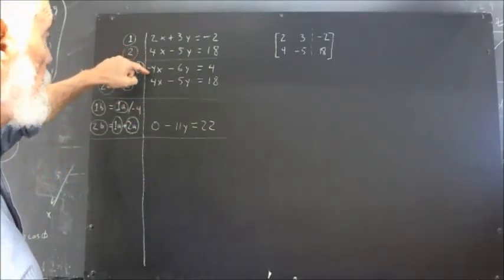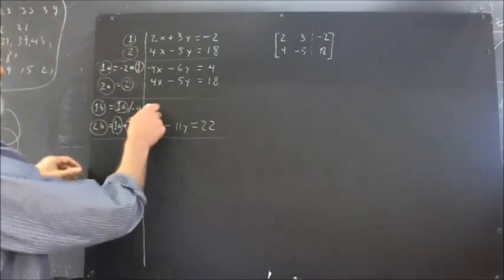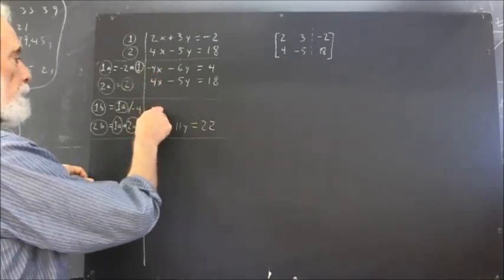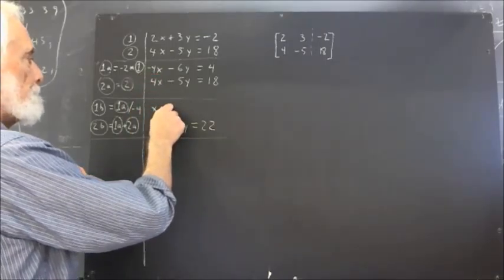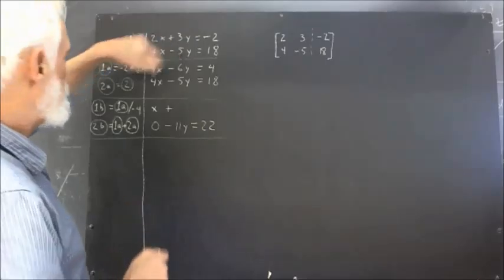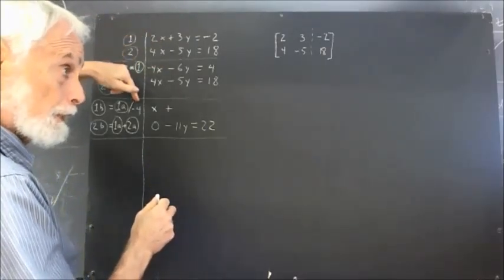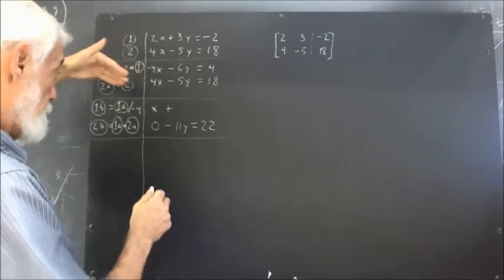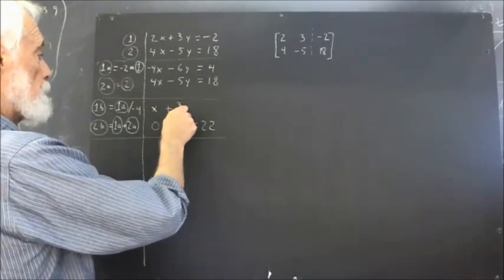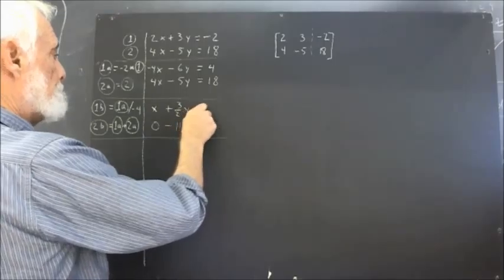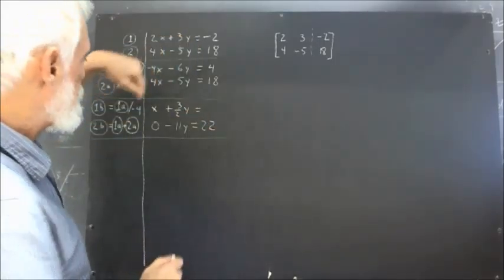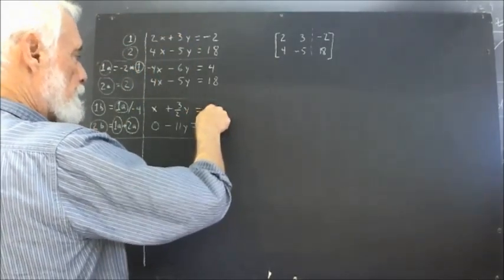Well, negative 4 divided by negative 4 is 1, so negative 4x divided by negative 4 is just x. Now, negative 6y divided by negative 4 is what? Negative 6 divided by negative 4 is 6/4 or 3/2. So this is 3/2 y. And then 4 divided by negative 4 is negative 1.